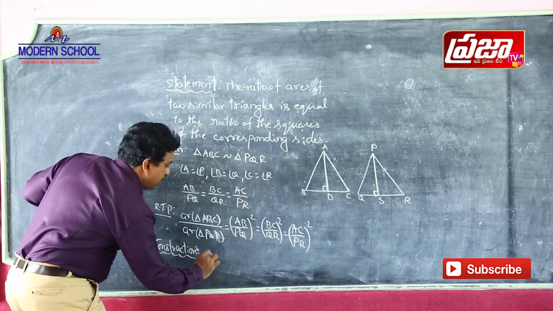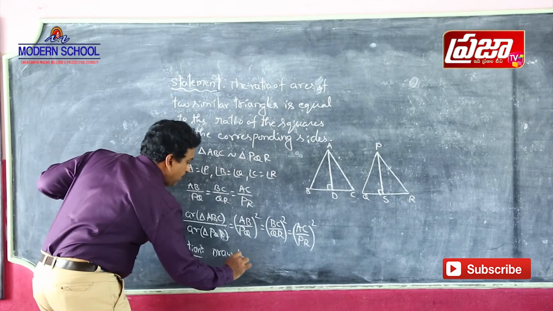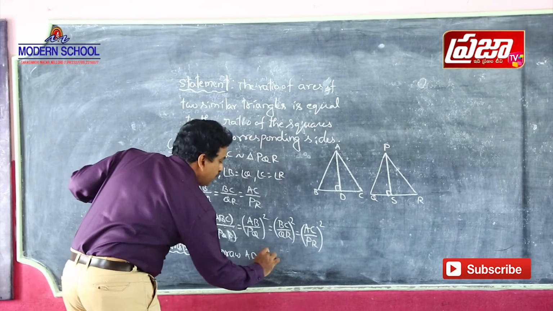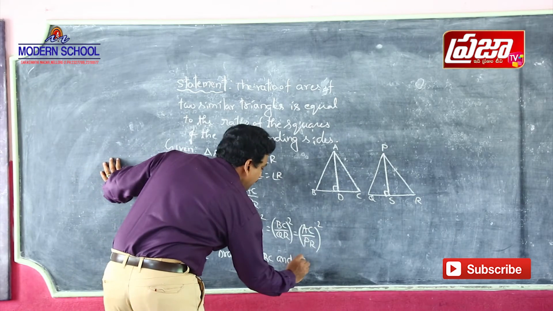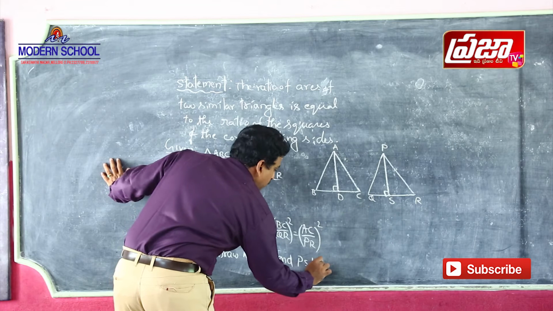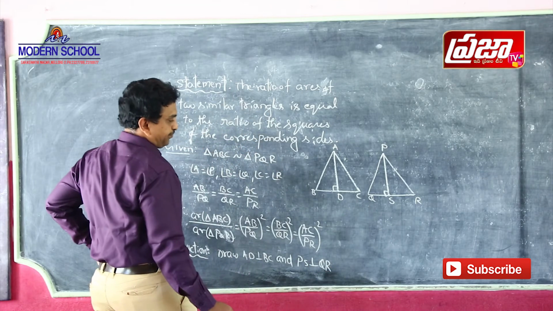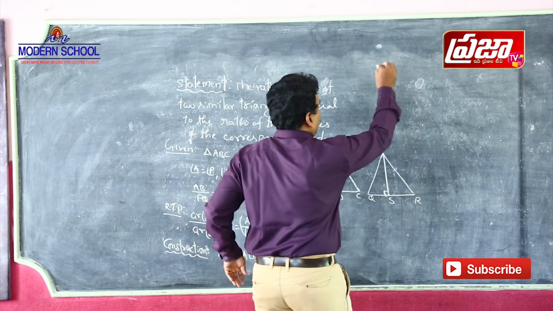What is the construction part? Draw AD perpendicular to BC and PS perpendicular to QR. Now we go for the proof.